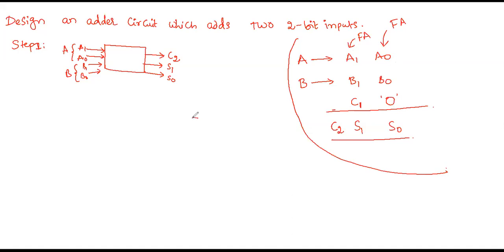So first draw two full adders. This is one full adder. This is another full adder. And what are the inputs of a full adder? A, B, C in.